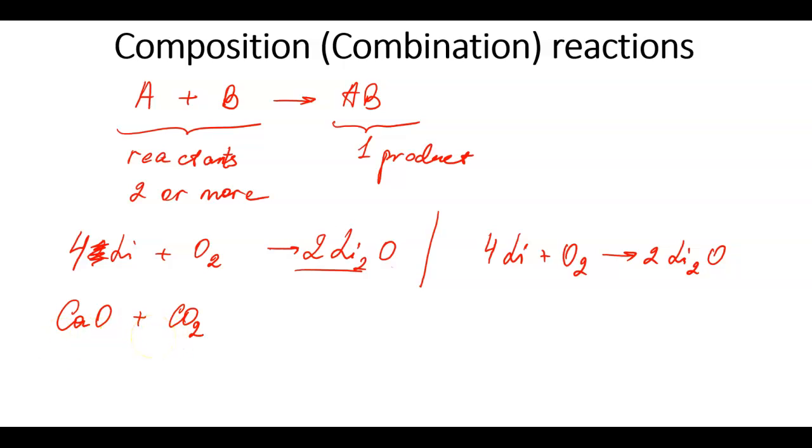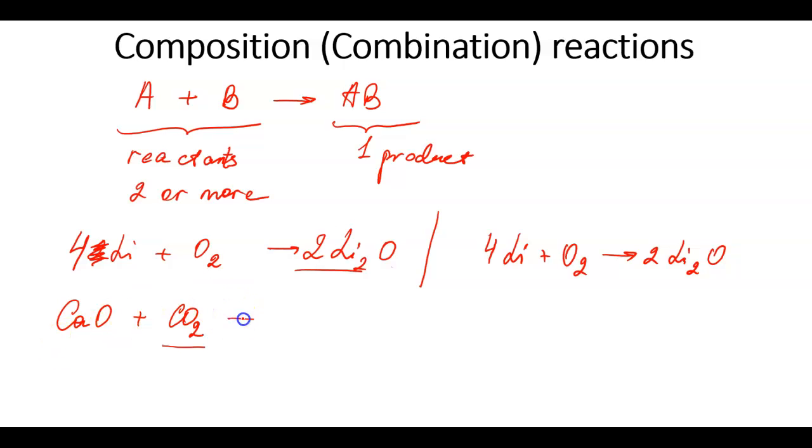The rules of naming compounds are different for ionic and covalent compounds, right? So CaO, I will name it just calcium oxide because it's an ionic compound, but for CO2 I am going to name it carbon dioxide because it's a covalent compound, just to remind you.